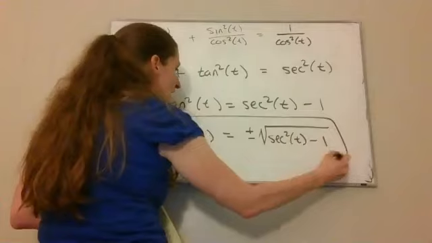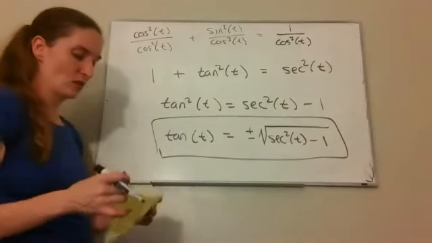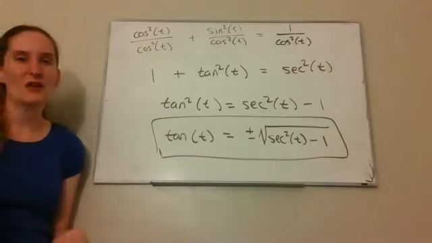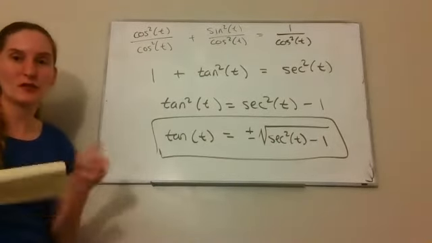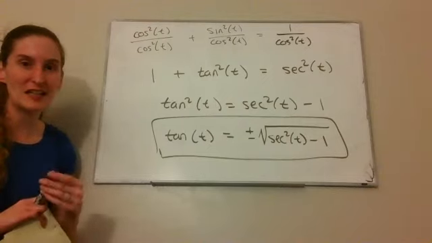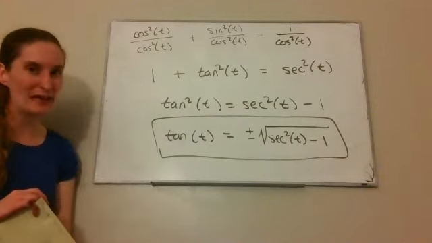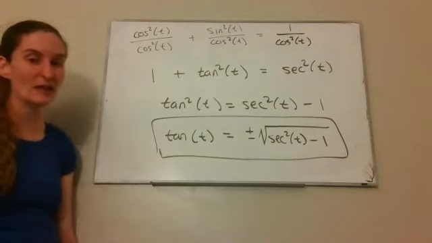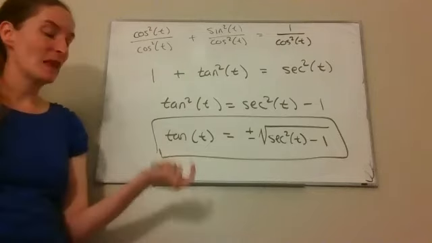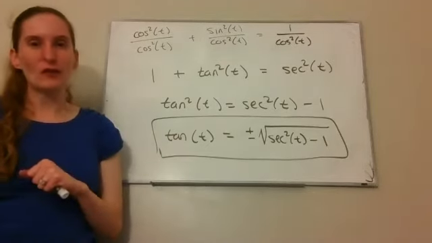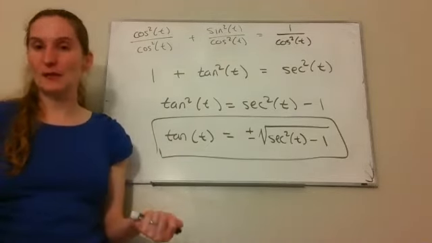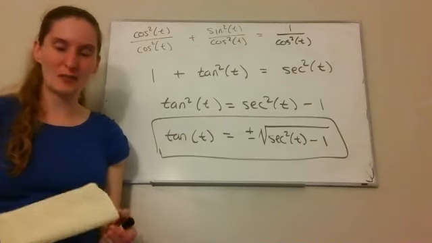And now I have tangent written in terms of secant. Now notice we could have taken some shortcuts if we remembered some of our Pythagorean identities, because we end up with one of our Pythagorean identities along the way in this process. But this was using just the unit circle definition since the video was based on unit circle trigonometry.